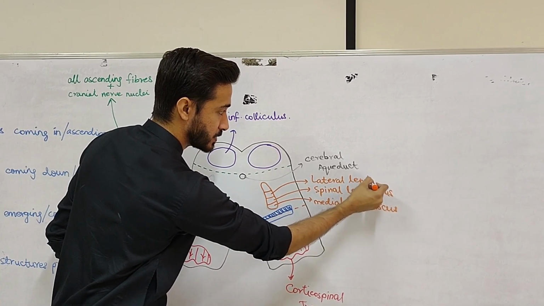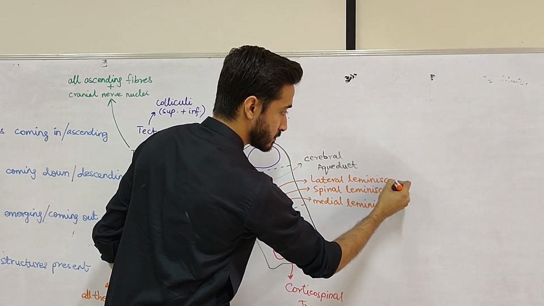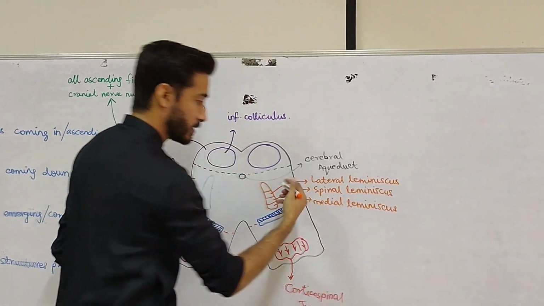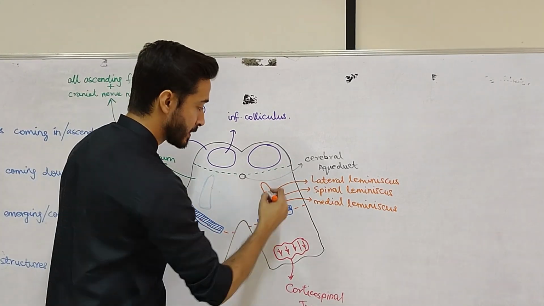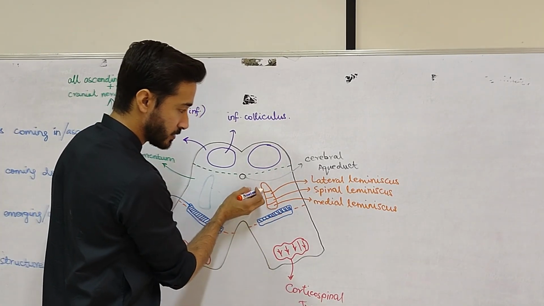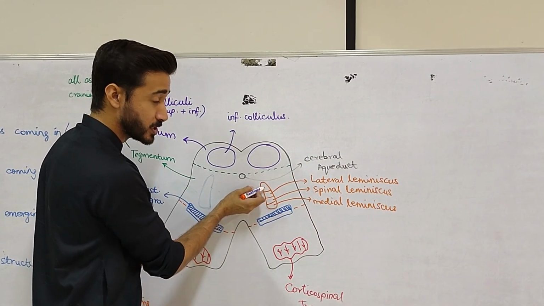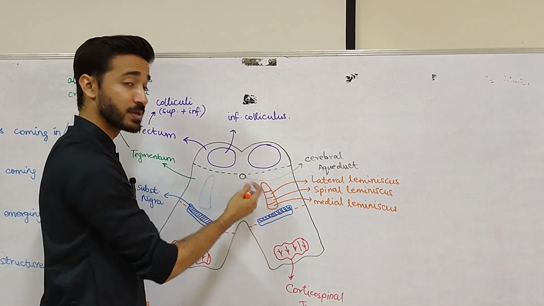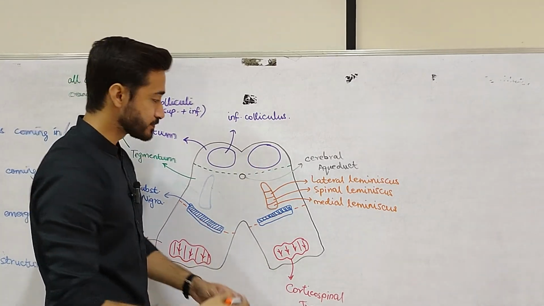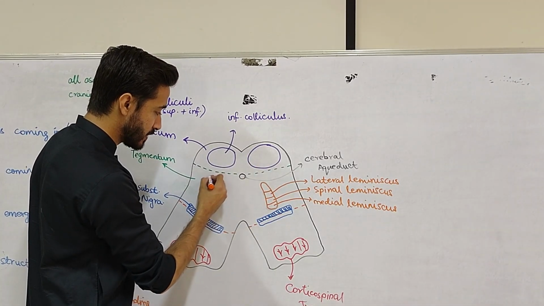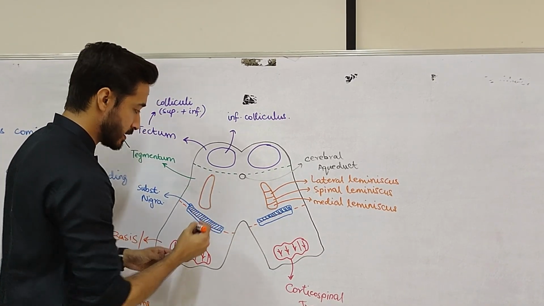This is concerned with the cochlear vestibular system related to sound and balance. And then we have one more that I won't be able to write because it's going to be very cramped up. This is going to be the trigeminal lemniscus that is coming from the trigeminal nuclei from the rest of the brainstem. So these are the three parts that you're going to draw collectively, right?